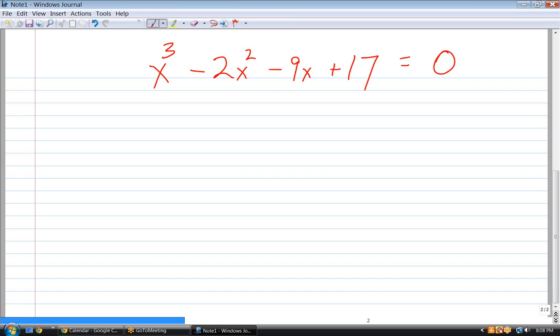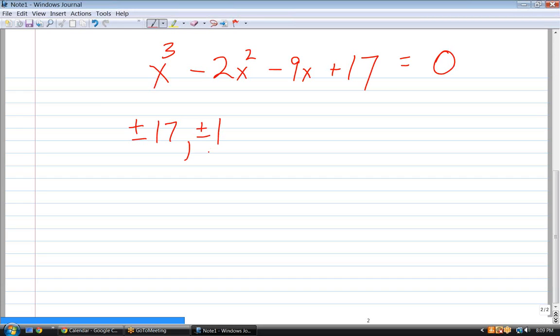So what are my possible rational factors for this cubic polynomial? P is 17, right? Plus or minus 17, which means plus or minus 1 also.